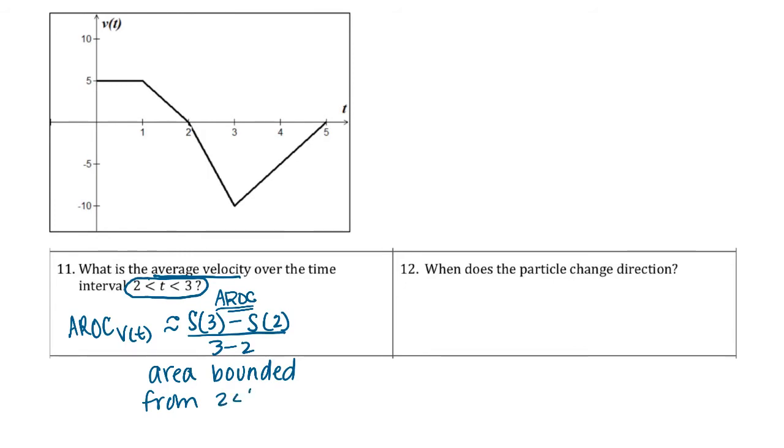So let me show you what that means. We're going to go up here from 2 to 3, and we're just going to kind of section off this portion of the graph. So to find this average velocity, then what we're really going to do is just find that bounded area. We're finding what is the area of this region here.